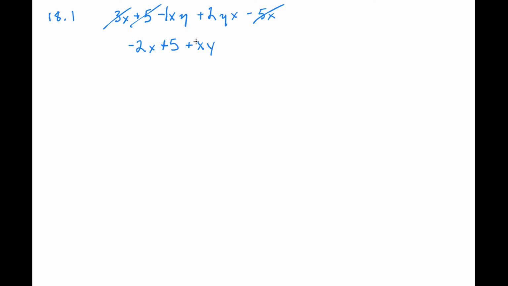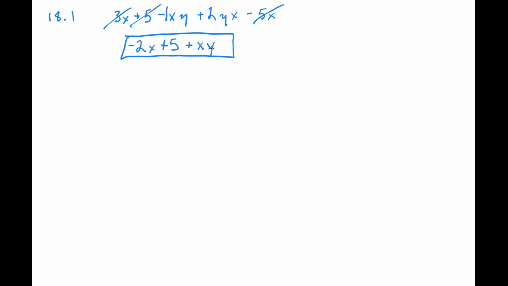Because remember, the 1 is invisible. So if you have an answer that has 1 and some variables, you don't have to put the 1 there. But if putting the 1 there helps you see it, put it. It's up to you. Either way is correct. I don't care. All right, if it's correct, it's correct. And that's your answer. That's as far as you can go.